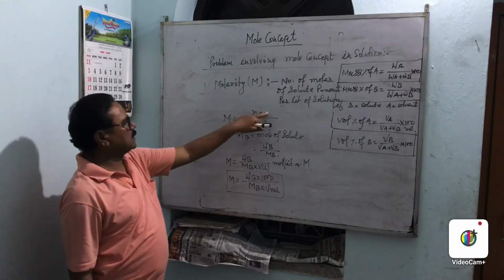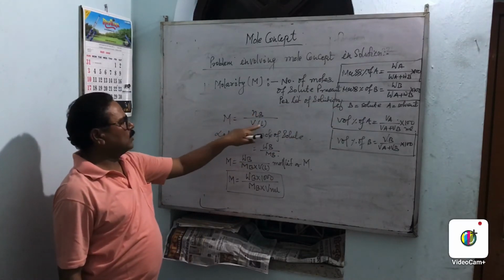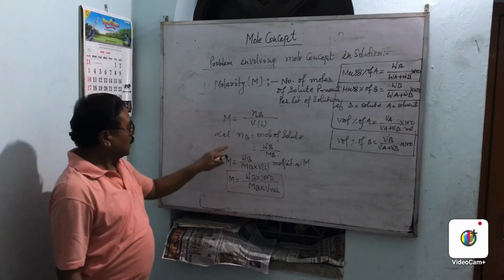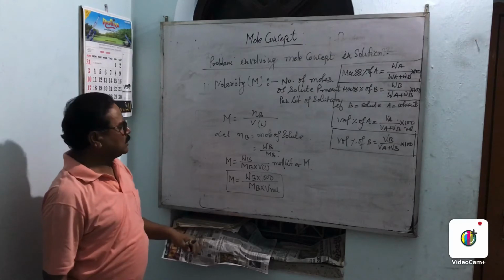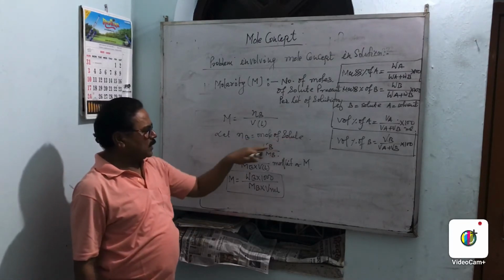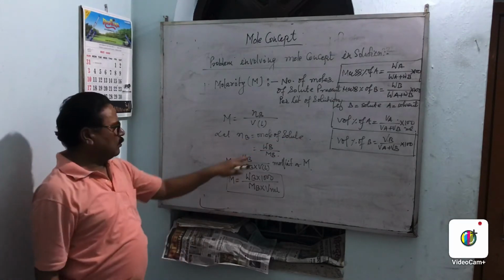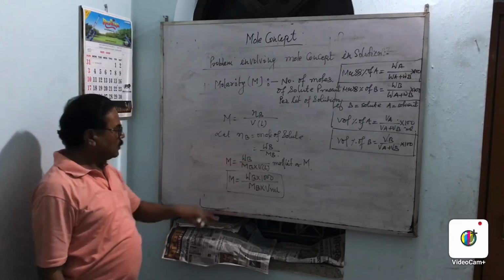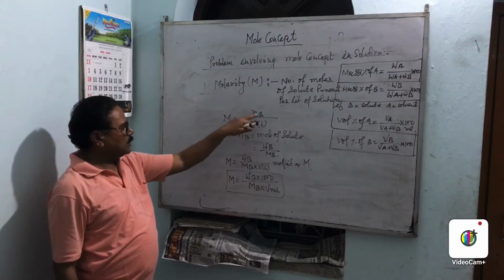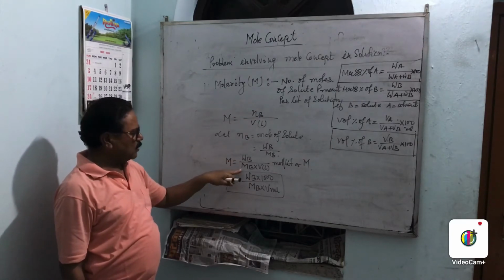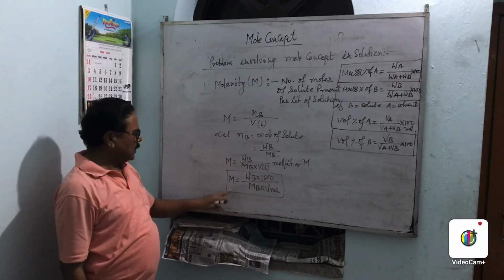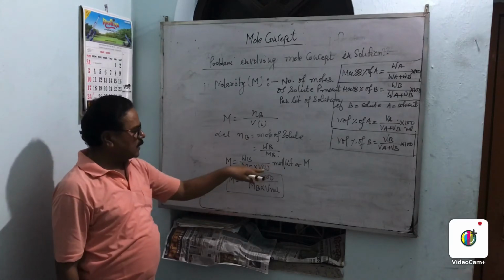So it can be represented as number of moles by volume of solution in liter. Number of moles can be calculated by weight by molecular weight.